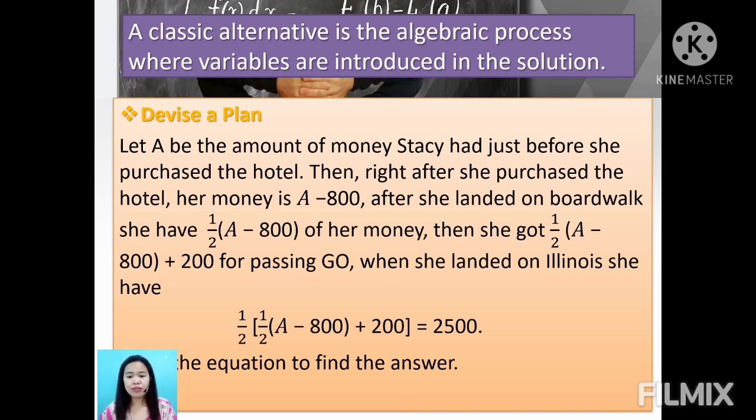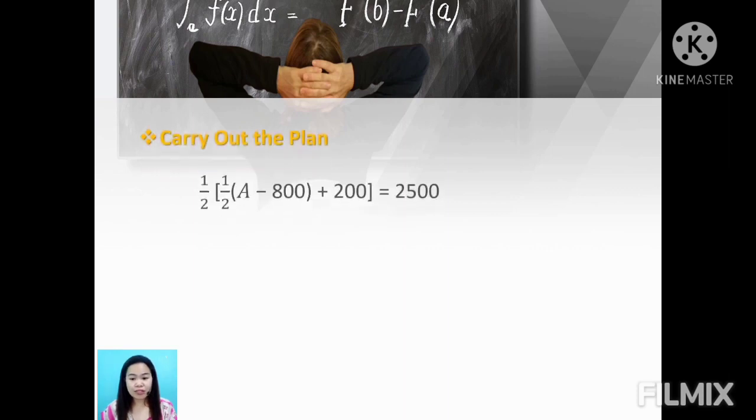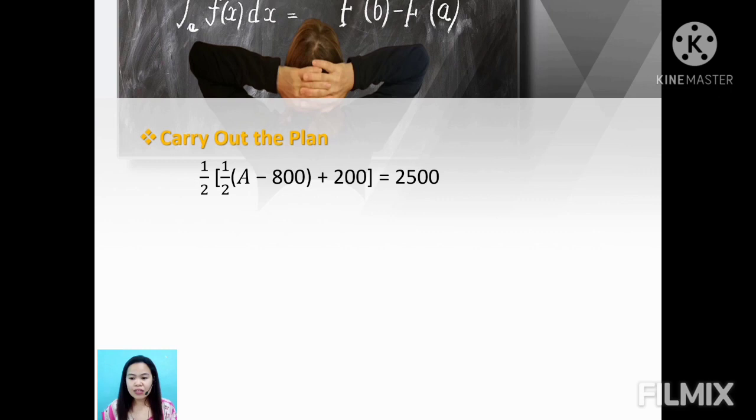Let us find the unknown. So, first, I multiply by 2 on both sides to remove one fraction. So, I'll have times 2 on this side. 2 divided by 2 is 1, so that is gone. And on the right side, we have 2 times 2,500, which is 5,000.